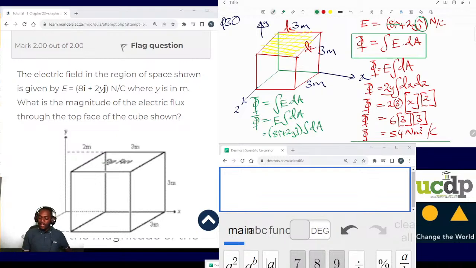We said the I direction is the electric field that is parallel to the x-axis. Hence, it is not perpendicular to the top surface. So it is in this direction. Okay? And remember, when we're calculating flux, we're looking at the area that is perpendicular to the electric field.